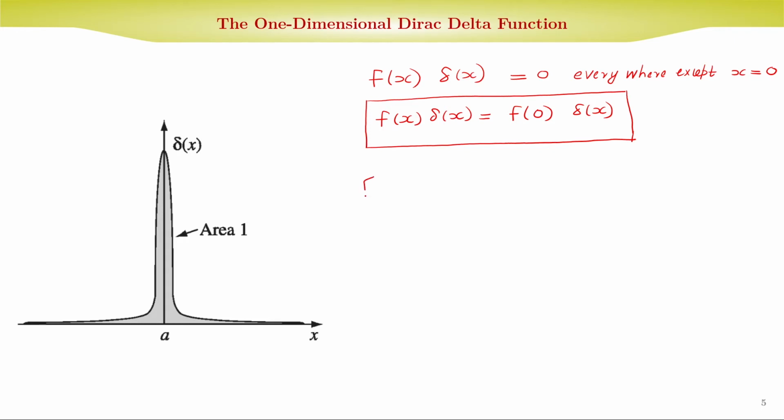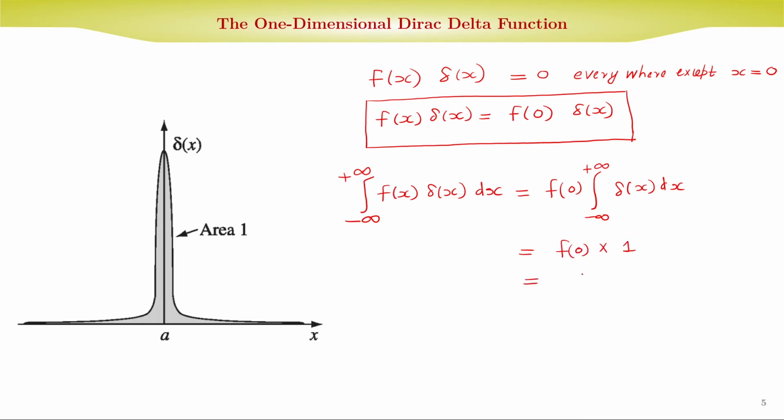In particular, when we take the integration from minus infinity to plus infinity, this will be equal to f(0) times the integral from minus infinity to plus infinity of delta x dx. And this will be equal to f(0) times 1, and this integral becomes f(0).